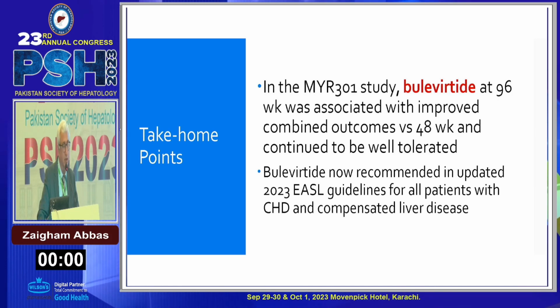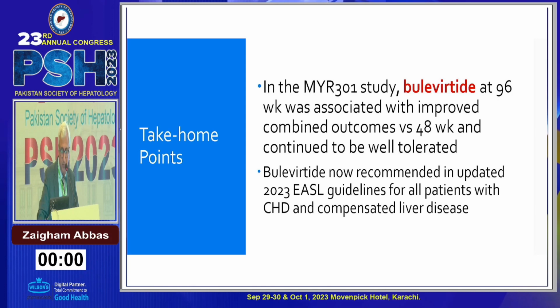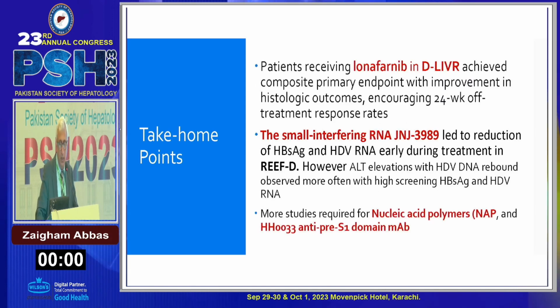Bulevirtide has now been approved, and in the EASL updated guidelines for delta hepatitis, this has been added at 2 milligrams daily. About the D-LIVR study, in which lonafarnib with pegylated interferon and ritonavir was used, this study again shows better results than pegylated interferon alone. And further follow-up of these patients is warranted to see the long-term response rate.